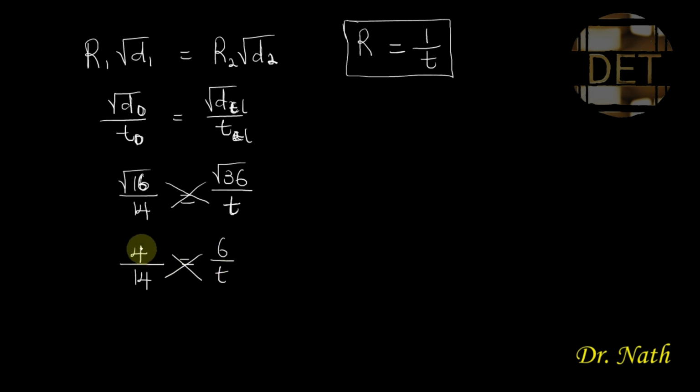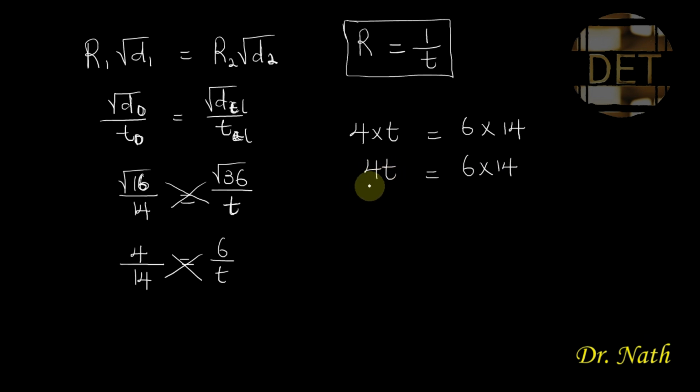This t will multiply 4 and 14 will multiply 6. So my equation will now be 4 times t is equal to 6 times 14. So 4 times t gives 4t is equal to 6 times 14. To make t stand alone, we'll divide both sides by the coefficient of t, which is 4.